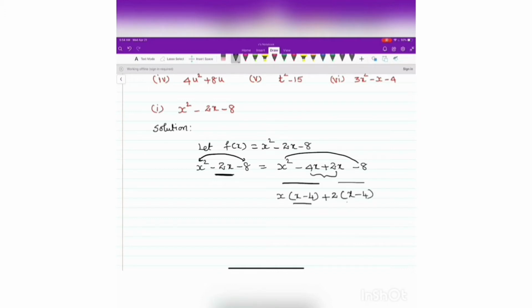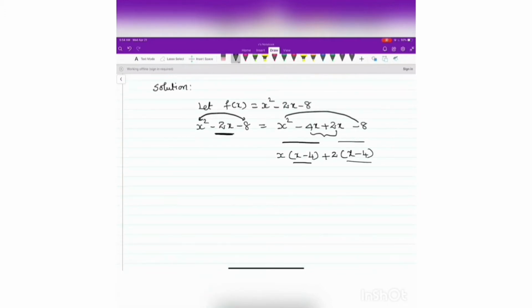Now x minus 4 is common, that can be taken out. So I will be getting x minus 4 into x plus 2. So x square minus 2x minus 8 can be written as x minus 4 into x plus 2.